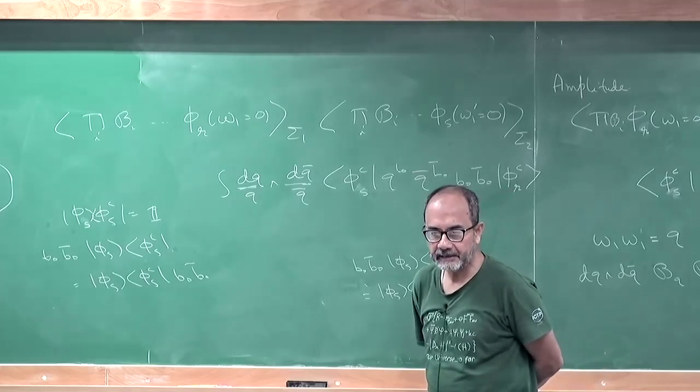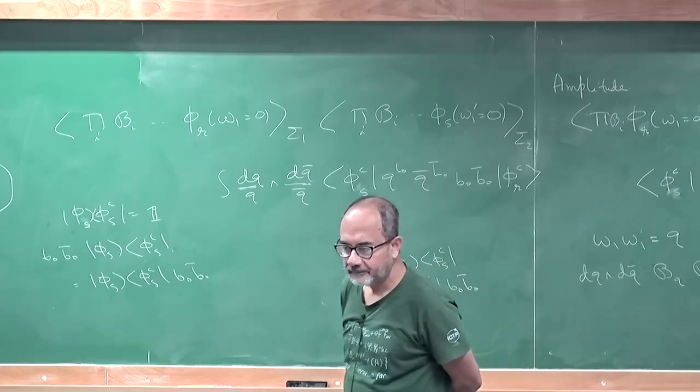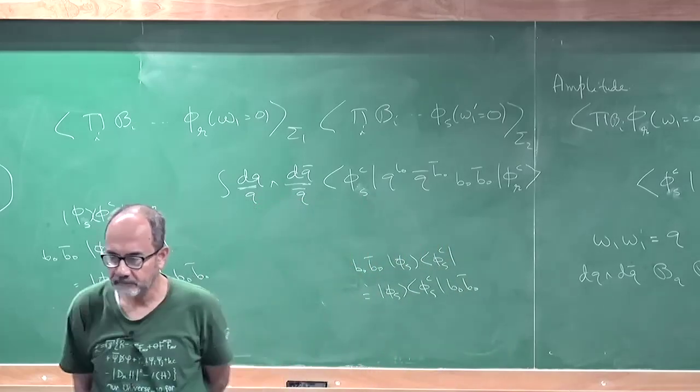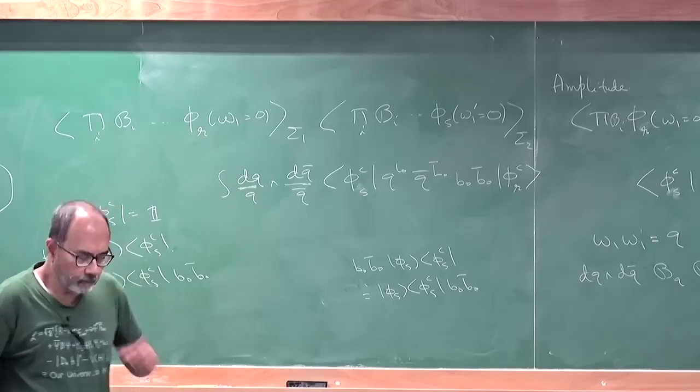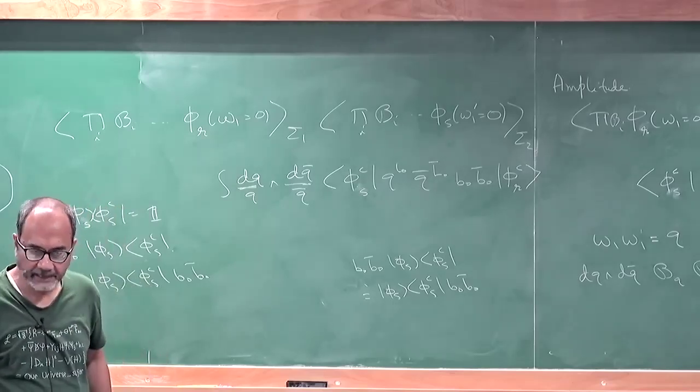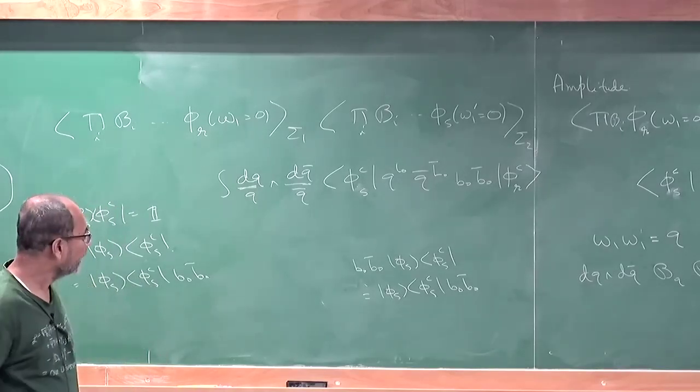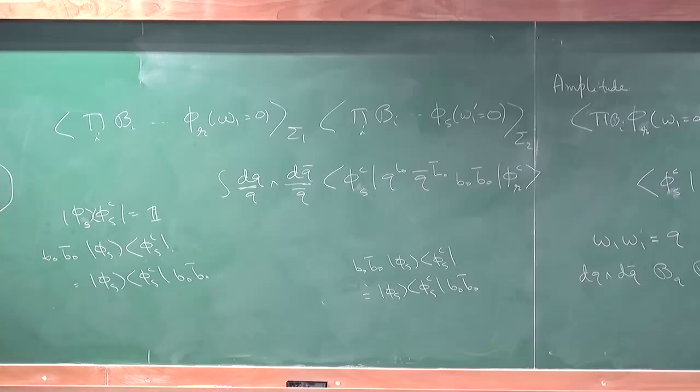Is this clear? So it doesn't matter where this B0 is, between this sigma 1 correlation function or, exactly, on the sigma 2 correlation function. But you cannot put it here, for example. You have to put it around these functions. Each B will have a factor.